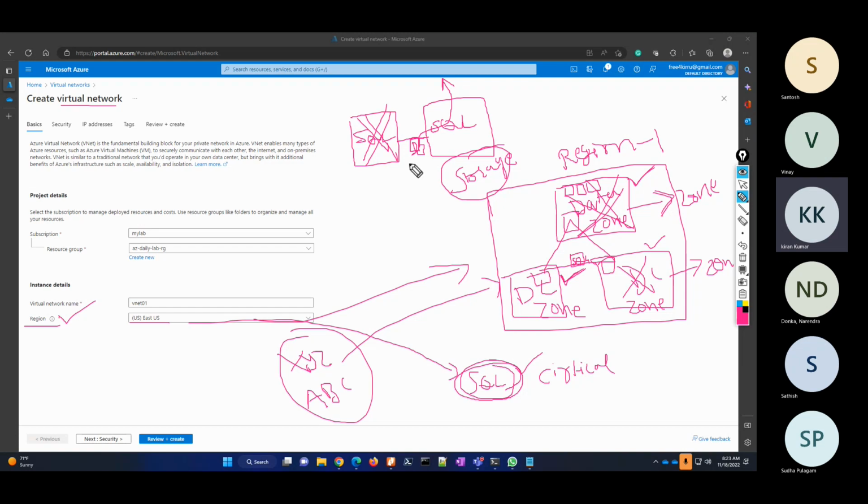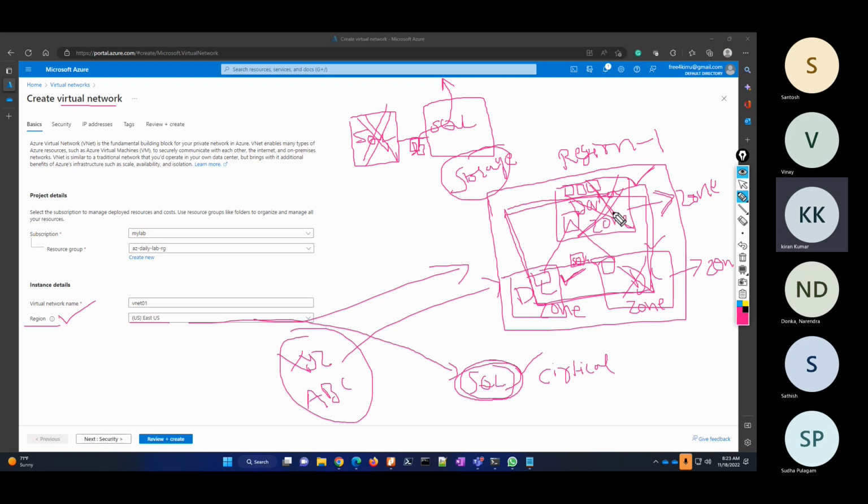Each and every service defines it differently. If you go to the virtual machine, we need to deploy it at each zone level. But for the virtual network, it's not required. By default, this virtual network spreads across that region, whether it is one zone or 3 zones, depending on that region.